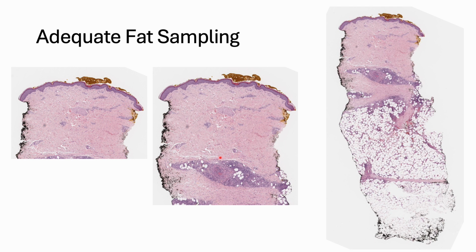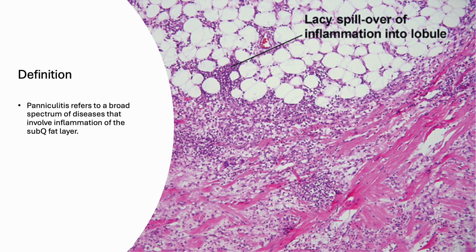The second one is getting a little deeper. You see, oh, there is vasculitis, but still you have no idea what is going on. Maybe you can give a differential of vasculitis, but you can only make the right diagnosis of panniculitis if you have the entire tissue to include the deep fat. So another trick is, in your board exam or RES exam, if they are giving you a whole slide image including so much fat, probably they are trying to test you on panniculitis.